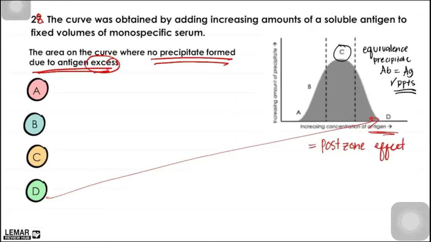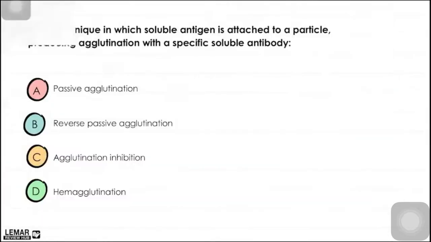So C shows the equivalence zone, the area of the curve where we observe equal amounts of antibody and antigen, therefore we can observe the production of precipitates.